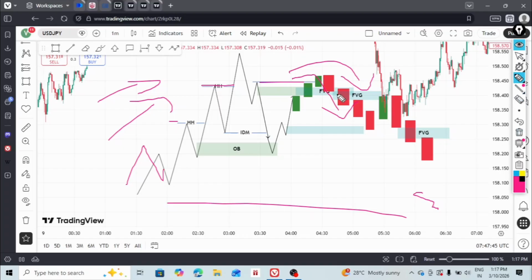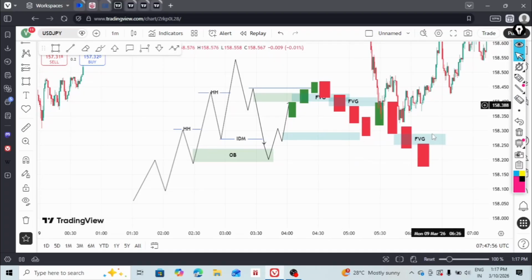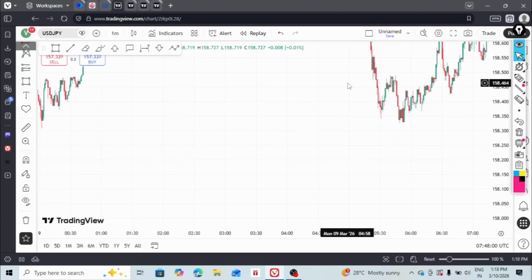So practically it's going in a downtrend. We can analyze the market with the gaps, and then look at the practical and the technical trend and how we can take risk.